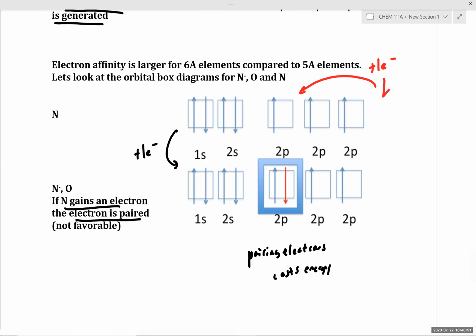That's why nitrogen has a relatively small first ionization energy. Does that make sense? So just like it's easy to remove a paired electron, it's not very favorable to add an electron if you have to pair it.